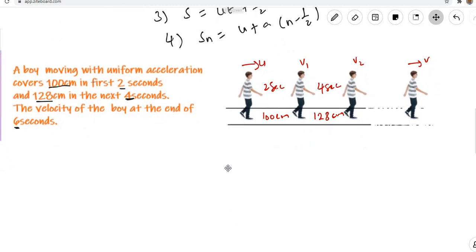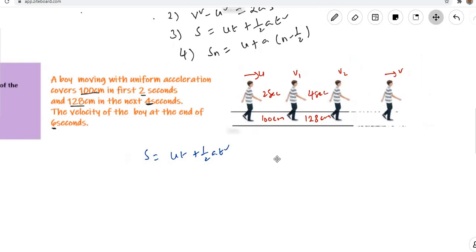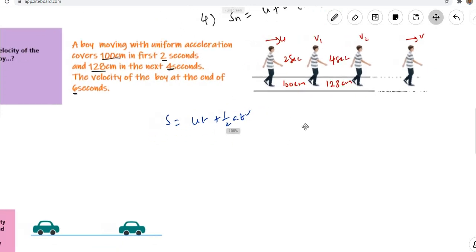To solve this problem, let me use this very simple equation, s = ut + ½at². This problem is based on this particular equation. So let us apply the first condition here. What is the distance traveled in the first 2 seconds? 100.